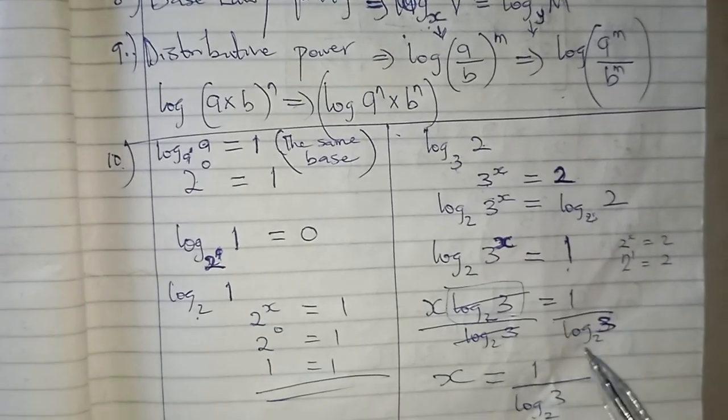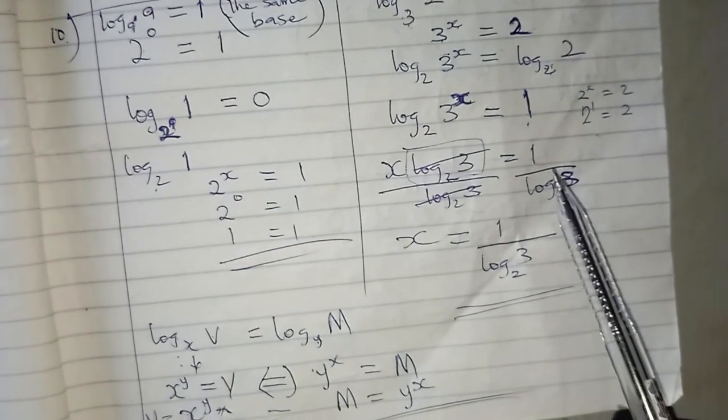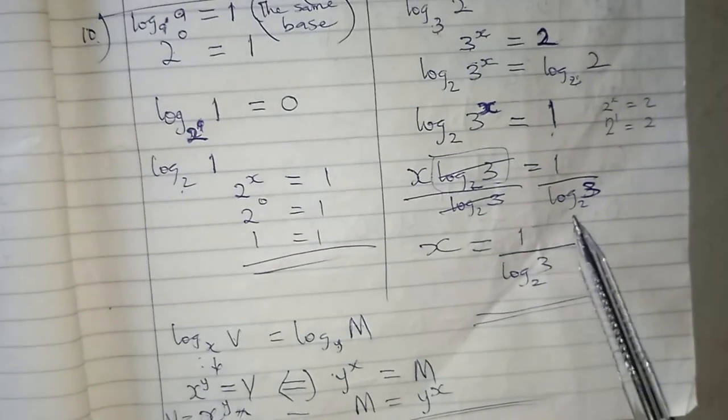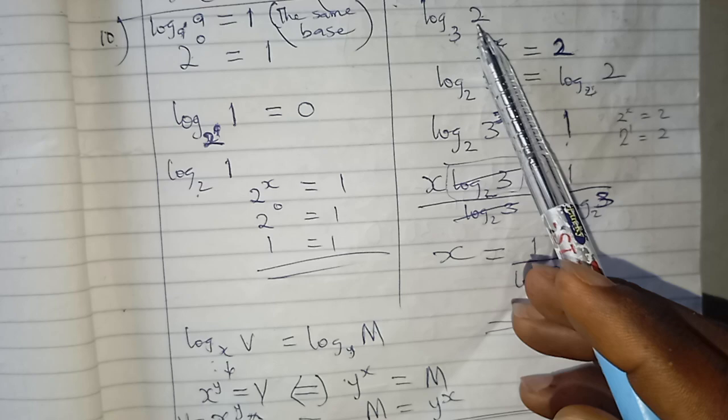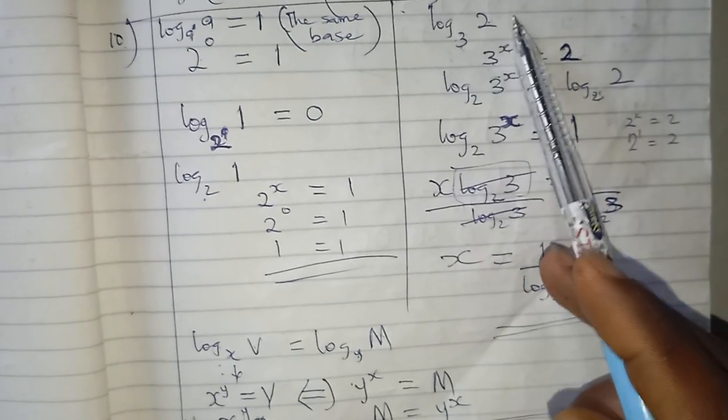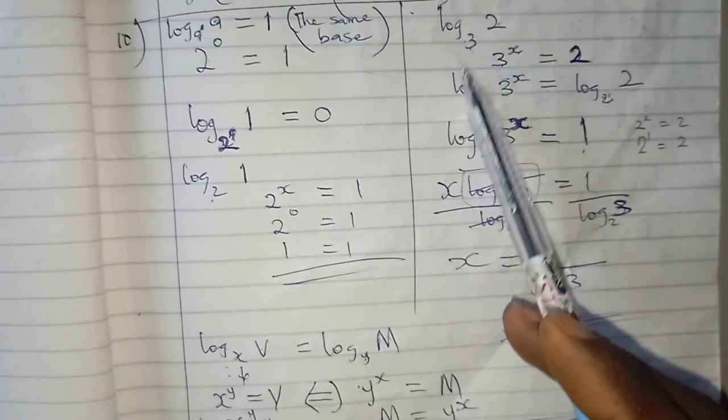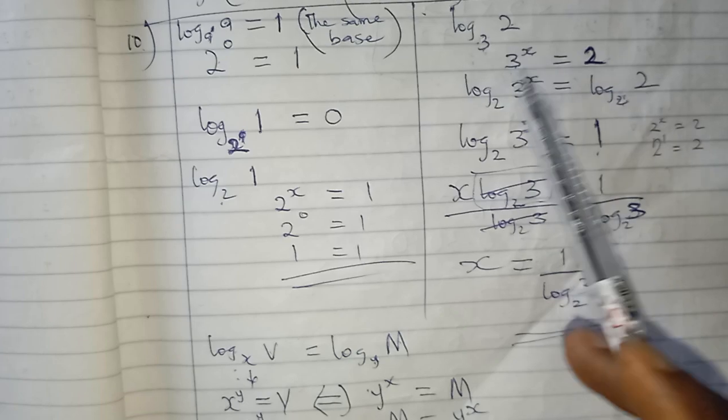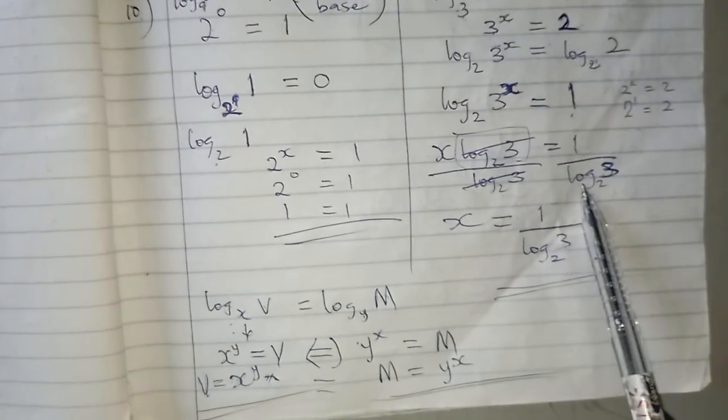By the time I finish everything, I am now having 1 over, you see I reversed it, log 2 with 3 as the base.